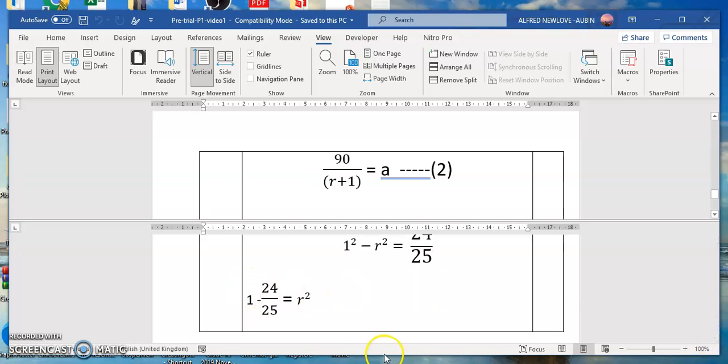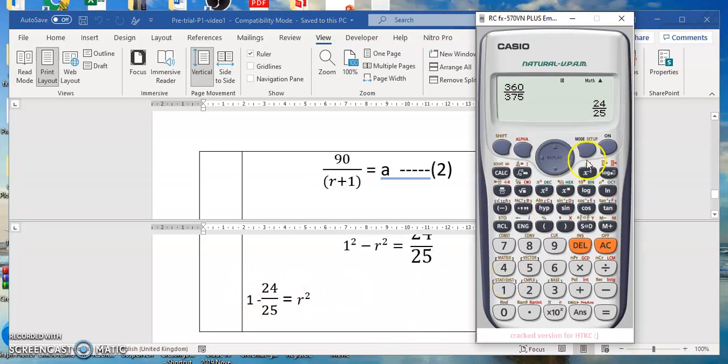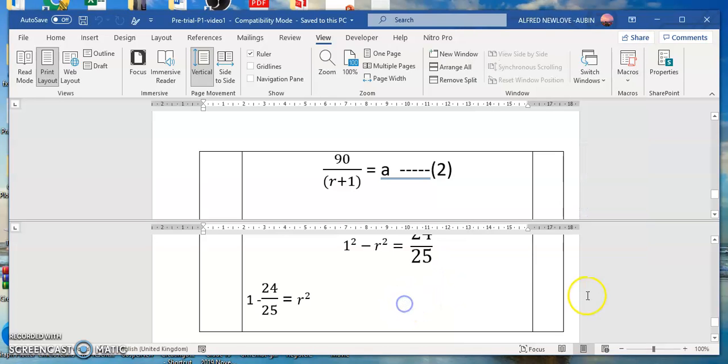Then let's see how we are going to press this on our calculator. Remember, we are still learning how to use it. So first I'm going to press 1, then 24 over 25. And this is going to give us 1 over 25.